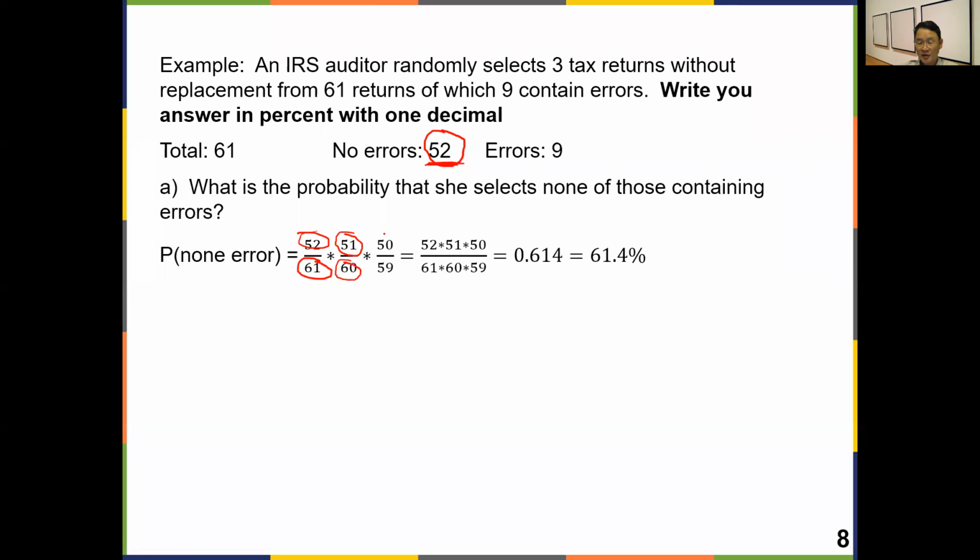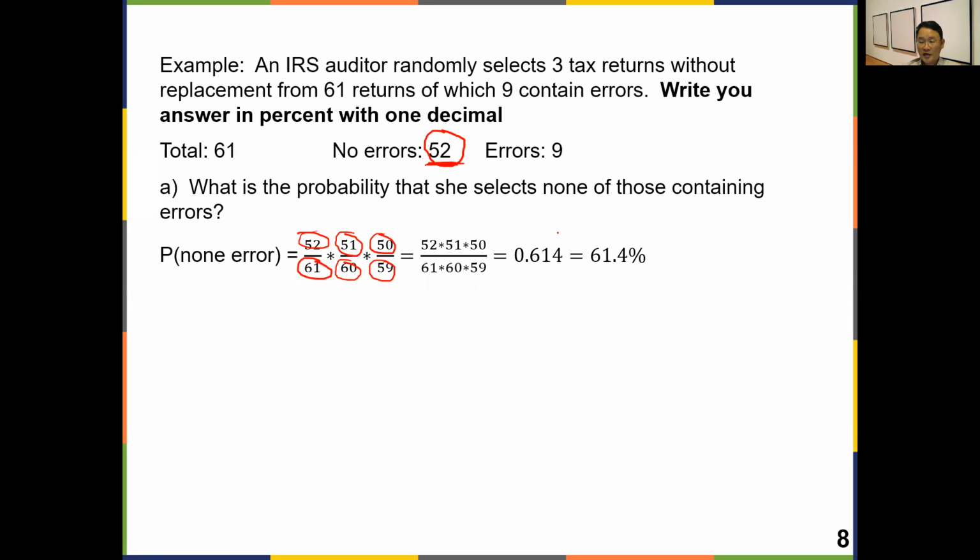And when I'm picking the third one, now I have 50 good ones left out of 1 less card as well. So if you type it up, let me try it: 52, 51, 50, divided by 61, 60, 59.